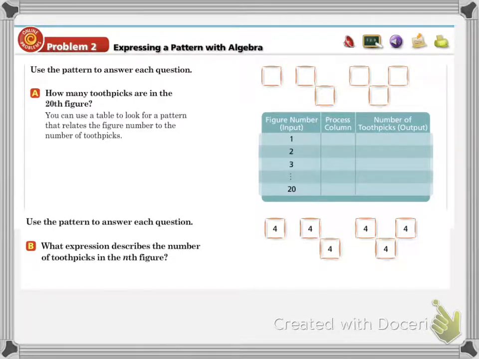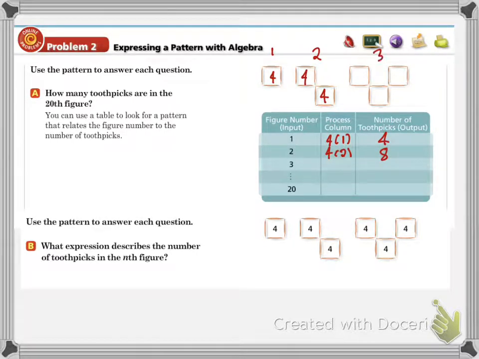So to start, I see that the first figure has 4 toothpicks. So in other words, I would say that has 4 times 1, or 4 toothpicks. My second figure has 4 times 2, or 8 toothpicks.